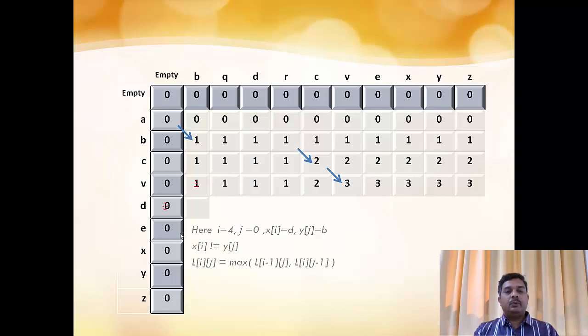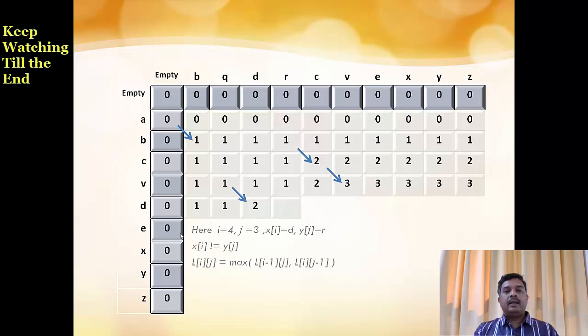D is not equal to B, that's why we are taking the maximum. D and Q, they are not same, so taking maximum. D and D, now they are same. So L[i-1][j-1] plus 1 we are taking, it becomes 2, and we have marked the arrow mark.